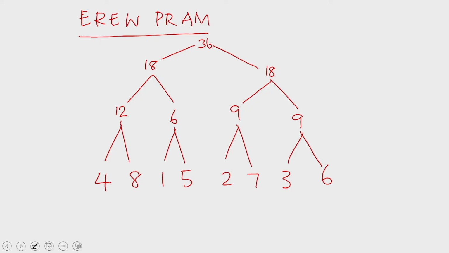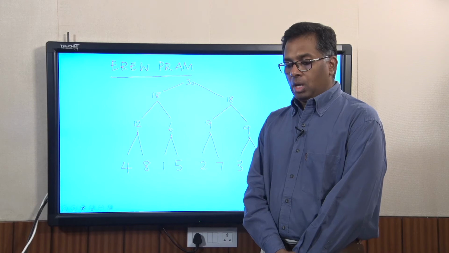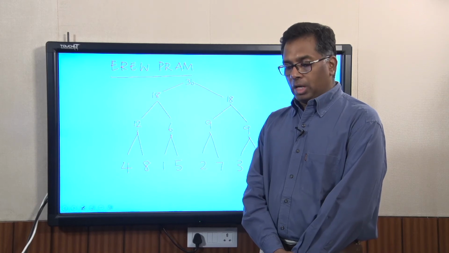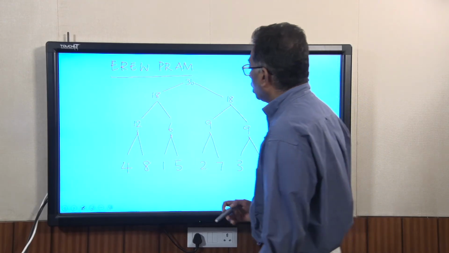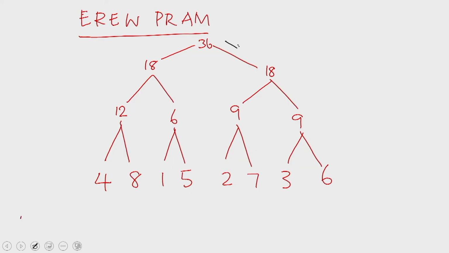Our goal is to find the prefix sums of the values that exist at the leaves. Now, you find that the left sum, namely the 18 that is coming from the left side here, has to be added to every single element on the right side. Therefore, what the root does is to send the value it obtained from the left side, namely 18, onto the right side.